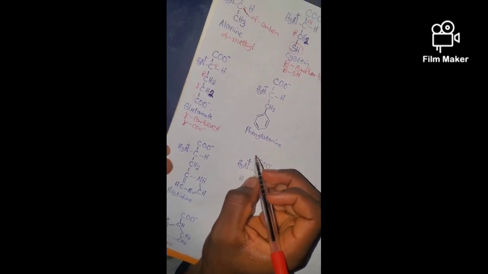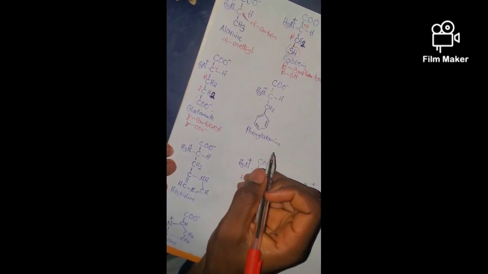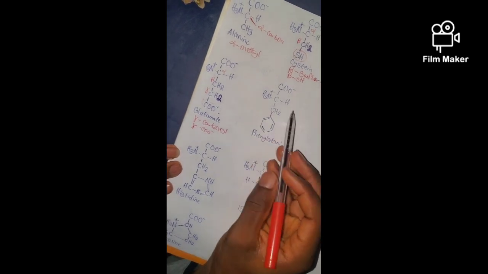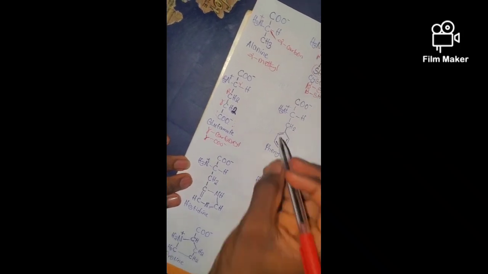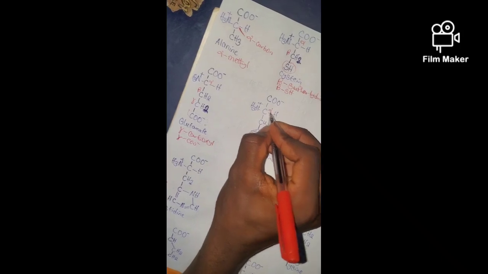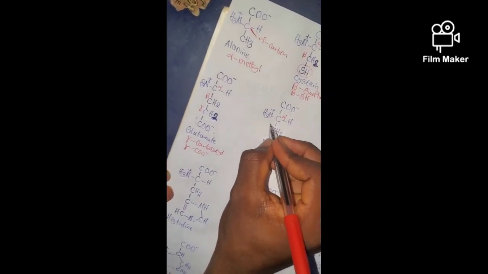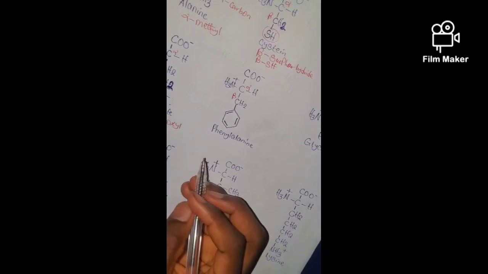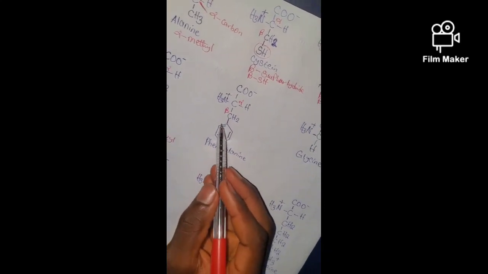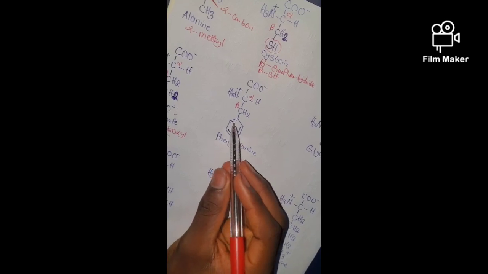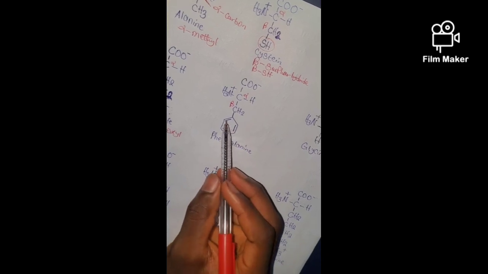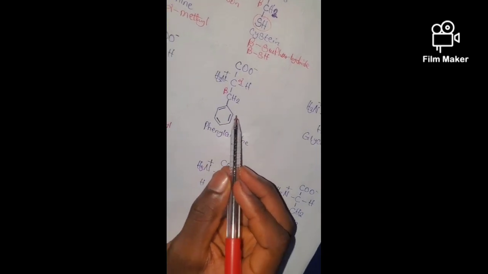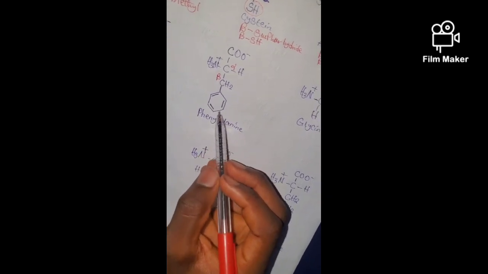Okay, it is an aromatic amino acid because it's having an aromatic ring attached to one of the carbon atoms in the structure. All right, the first carbon here we have the alpha carbon. We also have the beta carbon. It's on the beta carbon that we have this ring. And if you understand your chemistry very well, you agree with me that this ring is a benzene ring.